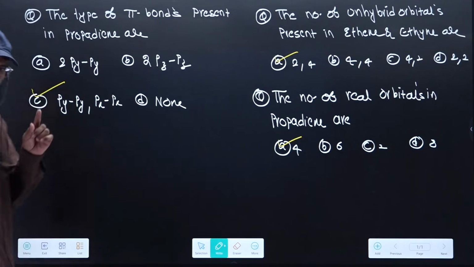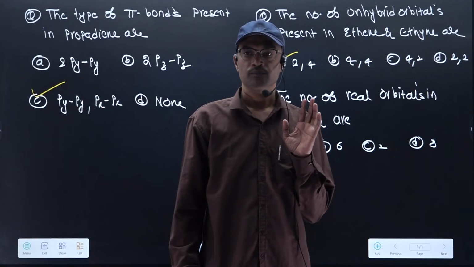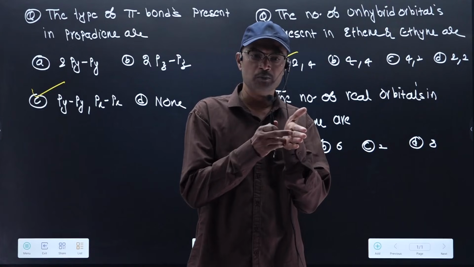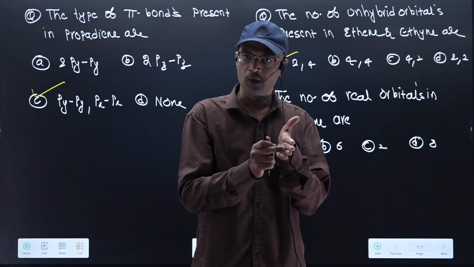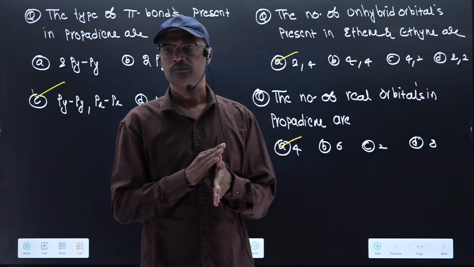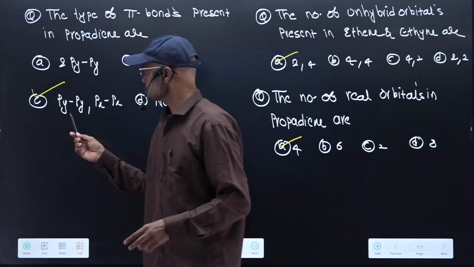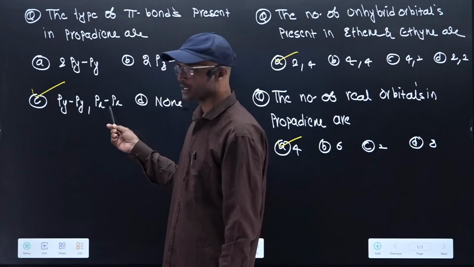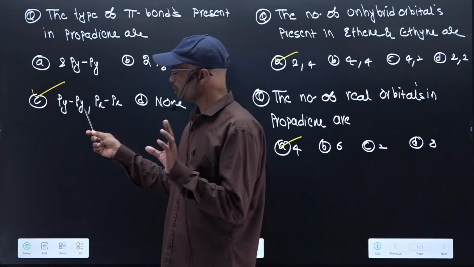So don't think that only px overlap is a sigma bond. When px forms the sigma bond, pz forms a pi bond. If py forms the sigma bond, pz forms a pi bond. px is not always sigma, and py is not always pi.